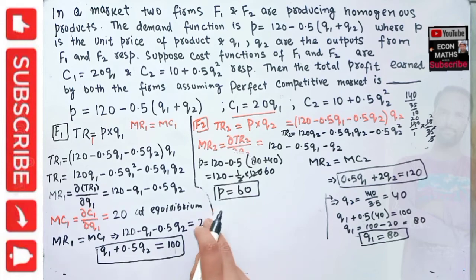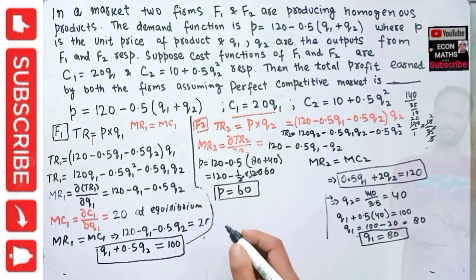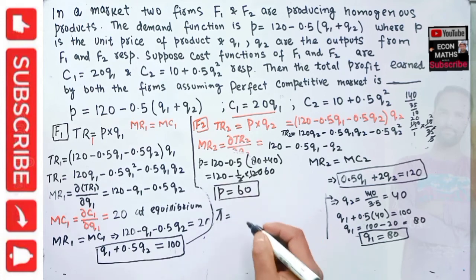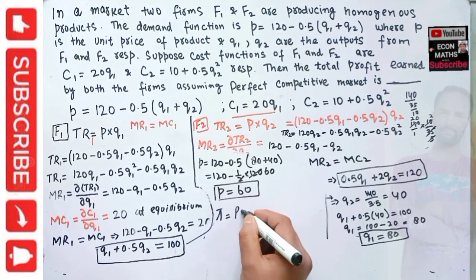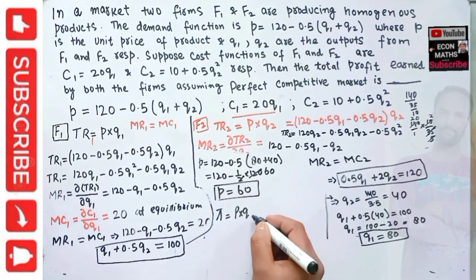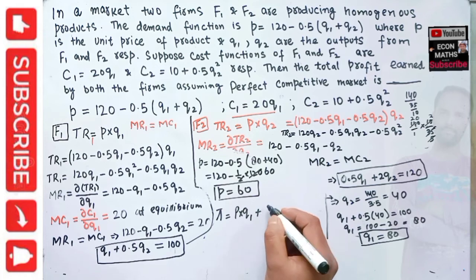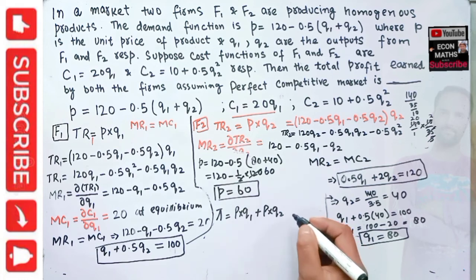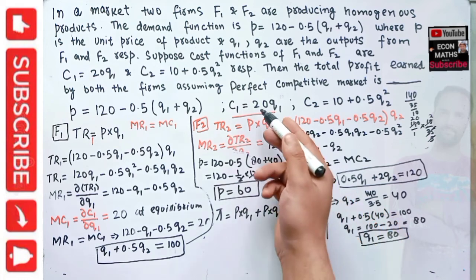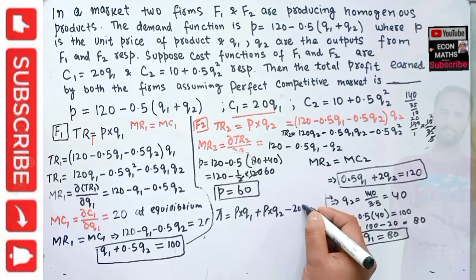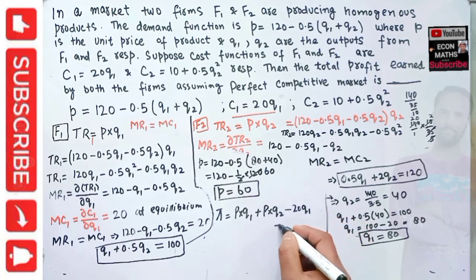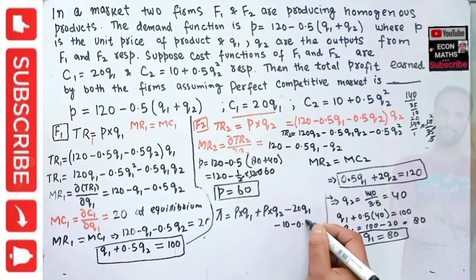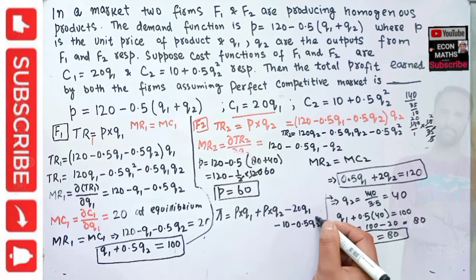Now what will be the total profit earned by both firms? Total profit will be equal to total revenue, that is price into quantity produced by firm 1 plus price into quantity produced by firm 2, minus the cost of firm 1, that is 20 Q1, minus the cost of firm 2, that is 10 minus 0.5 Q2 squared.